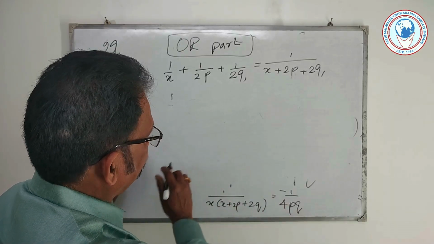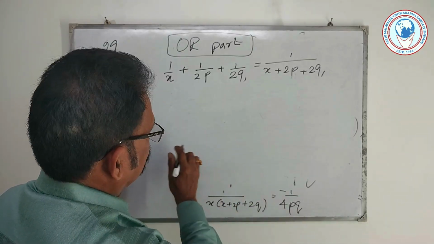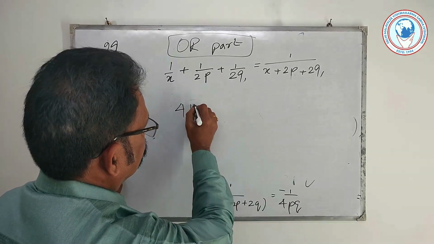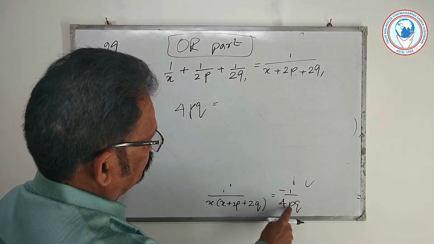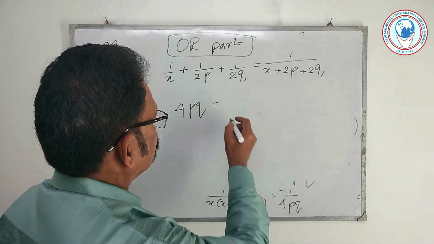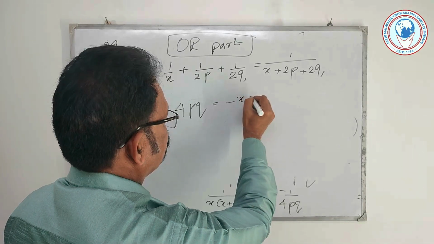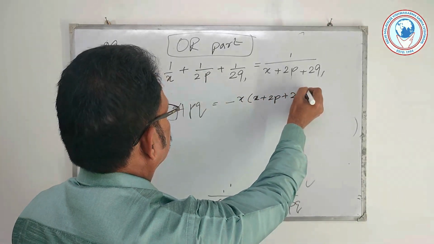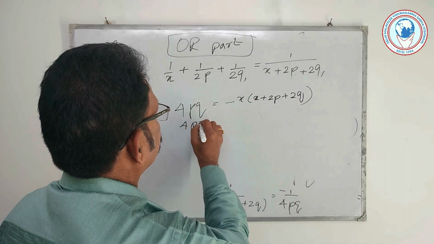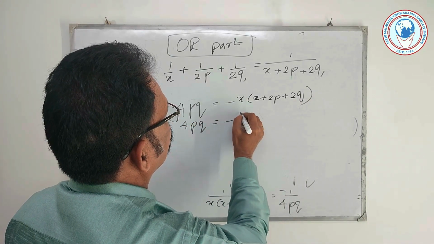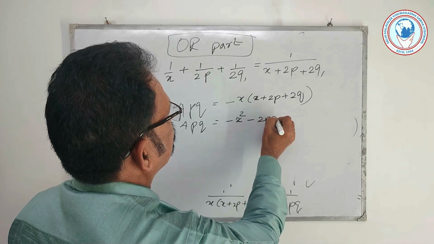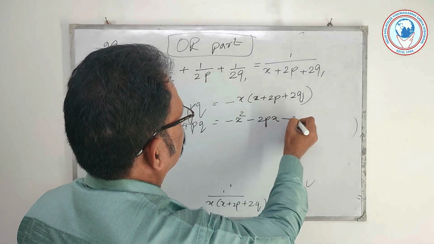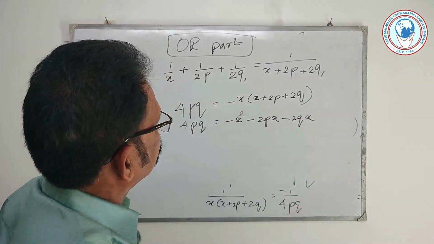Cross multiplying, 4pq equal to minus of x into x plus 2p plus 2q. 4pq equal to minus x square minus 2px minus 2qx.